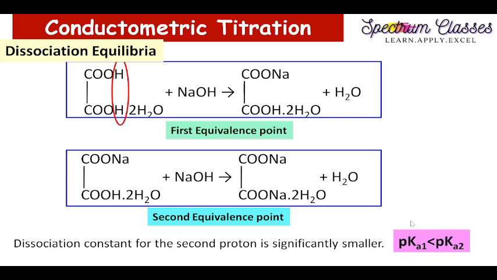Some students may ask: if the second proton's dissociation is significantly smaller, why have you shown it with the greater sign? Yes, you are right. Here p stands for minus log of Ka, and since the minus sign is there, it is represented by the greater sign. Getting my point?